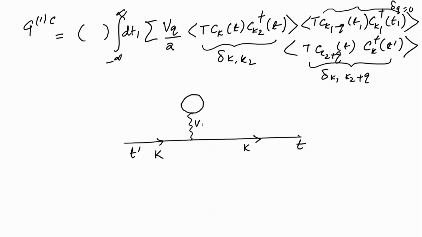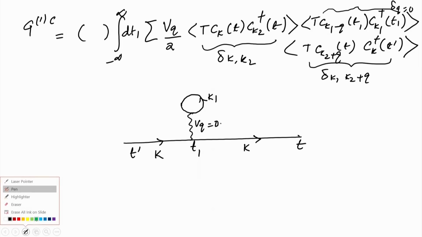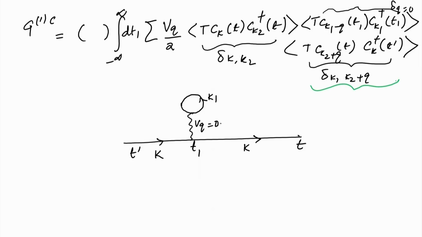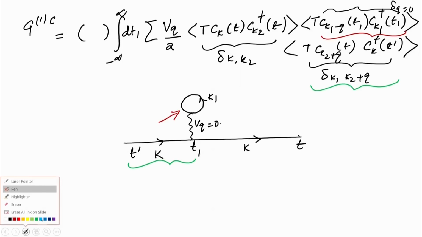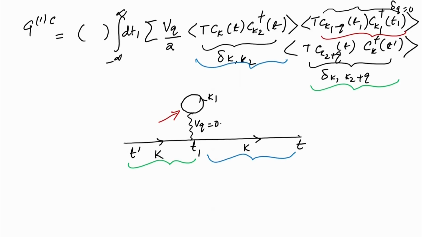This is that V q equal to 0 and this is that k 1 which is happening at t equal to t 1. So, again the last term corresponds to the free Green's function, showing it once more. This is here, this is here, and this is this one. Okay.